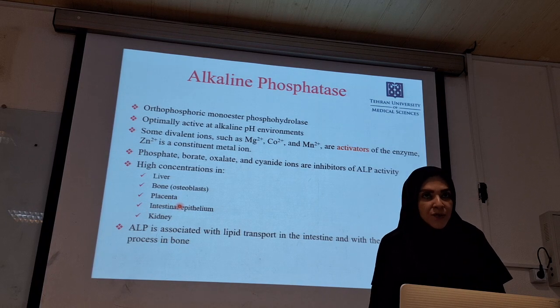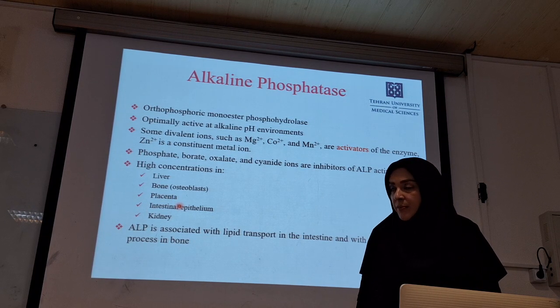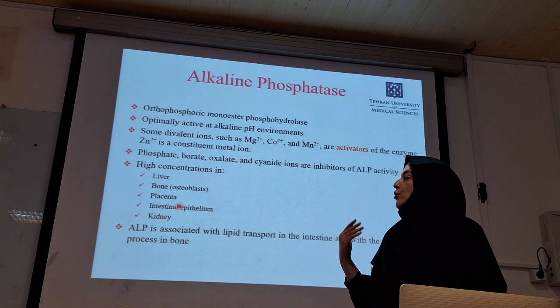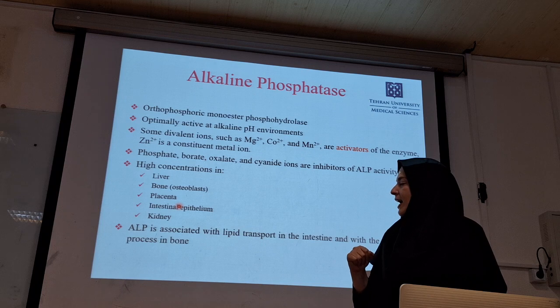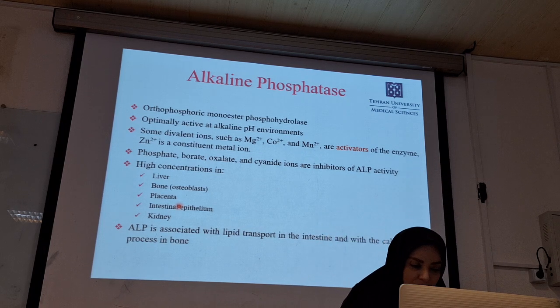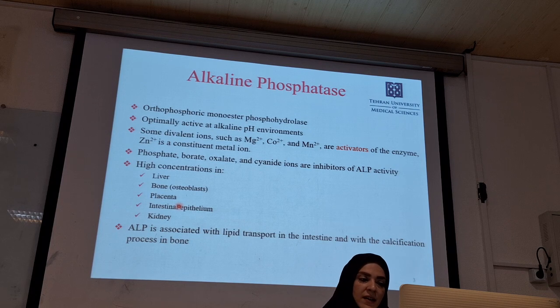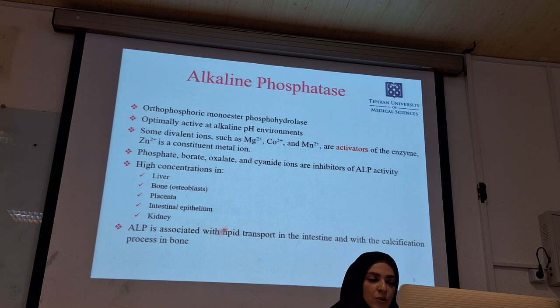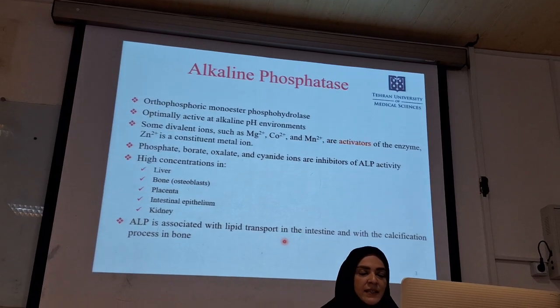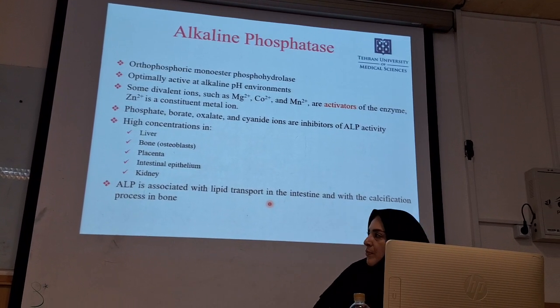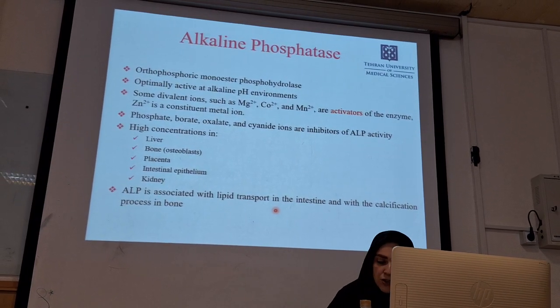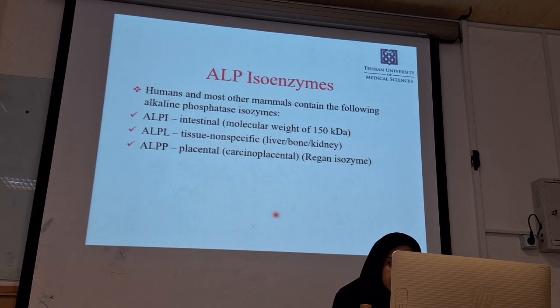Maybe you think that this is related to some disorder, but because it originated from the placenta, it is considered a normal finding. Also we can find it in the intestine and kidney. The exact function of this enzyme is not understood yet, but it is related to lipid transport in the intestine, and most probably also to calcification in the bone.